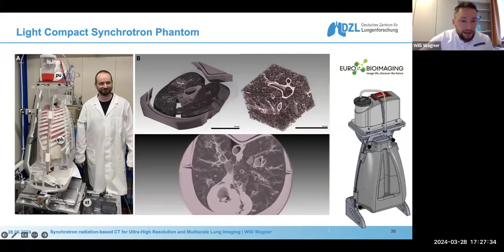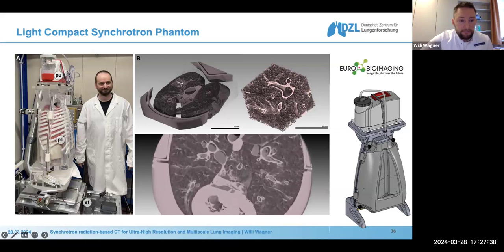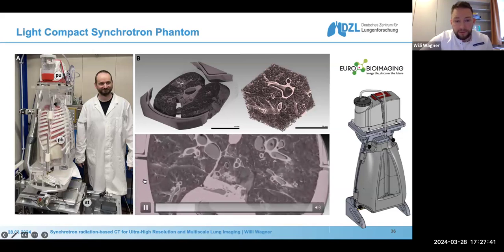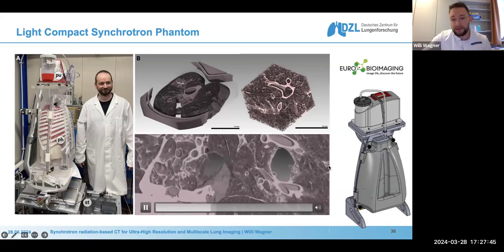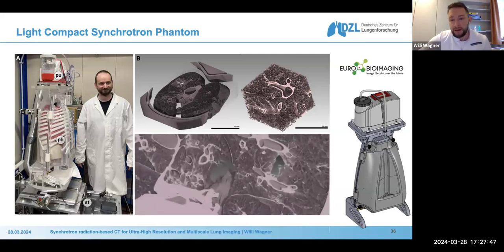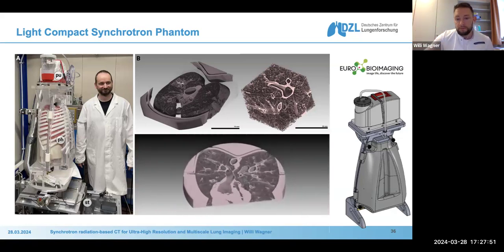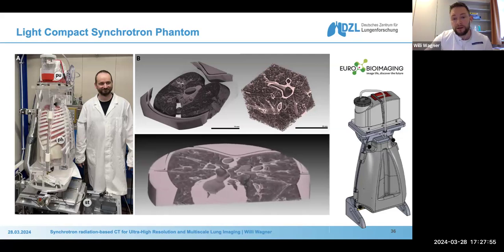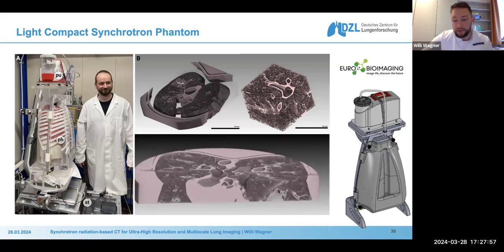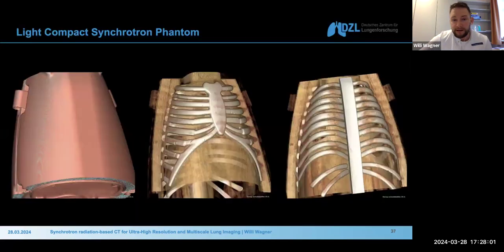You can see the artificial rib cage here, and the density of the plastic phantom itself resembles soft tissue contrast. And now you are able to do experiments very close to the conditions in an actual human, and not having to cut an entire pig in half.